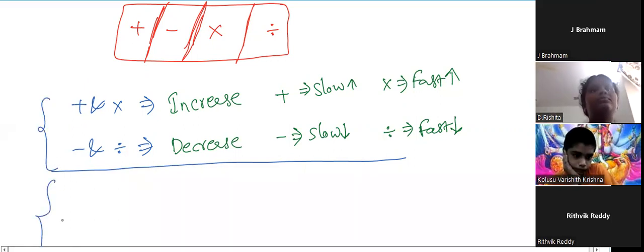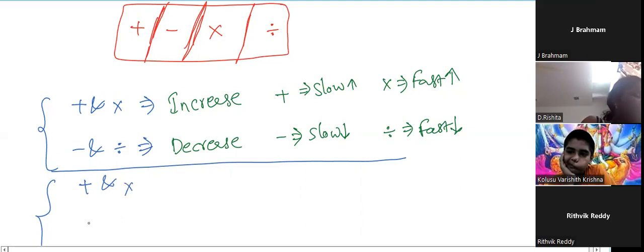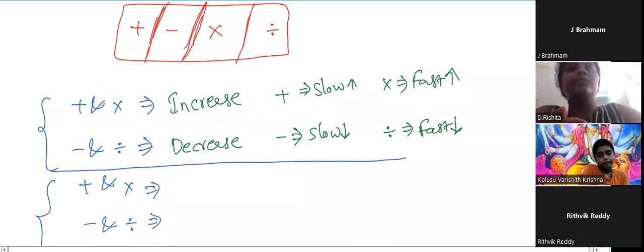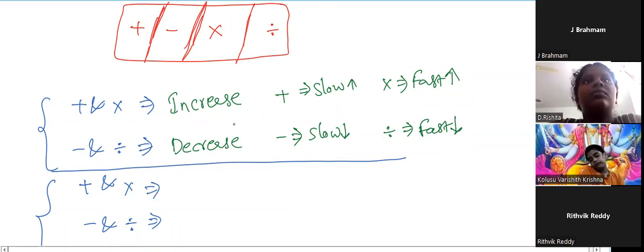And let me tell you another point of view. These two come under one category, and these two come under another category. You have to tell what is the point of view behind the categorization of these two in the next class.